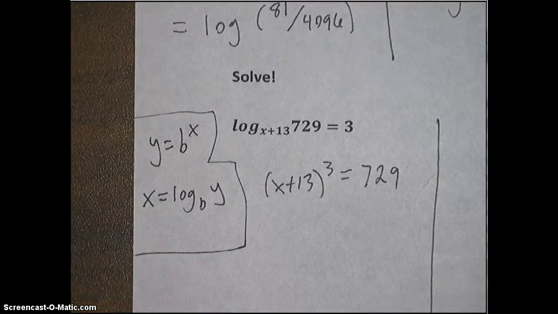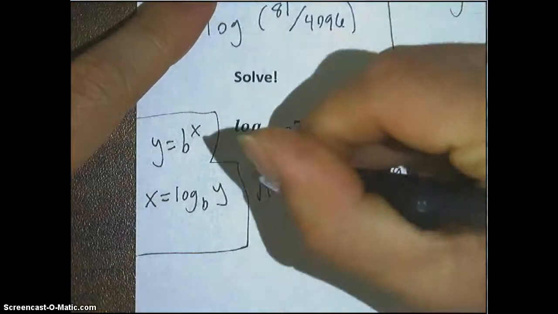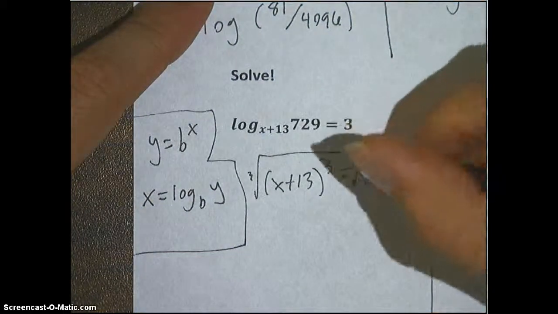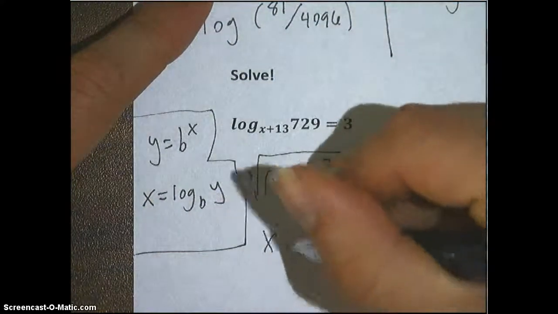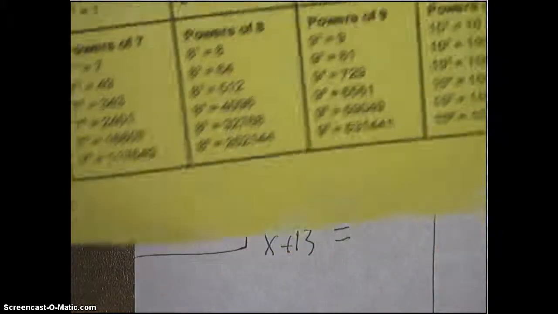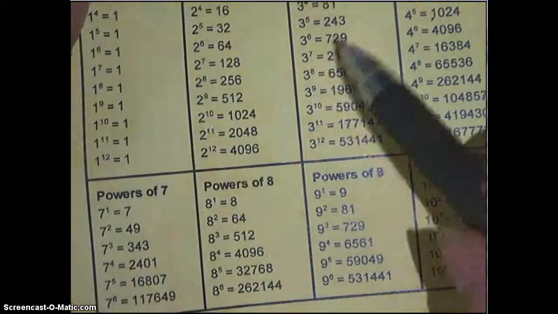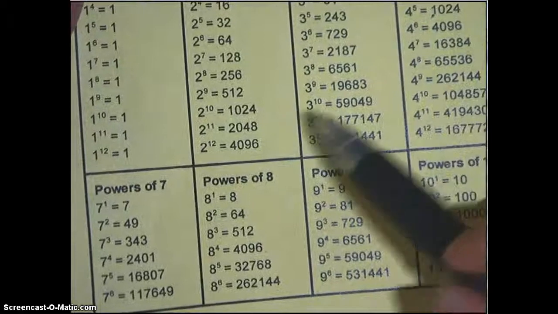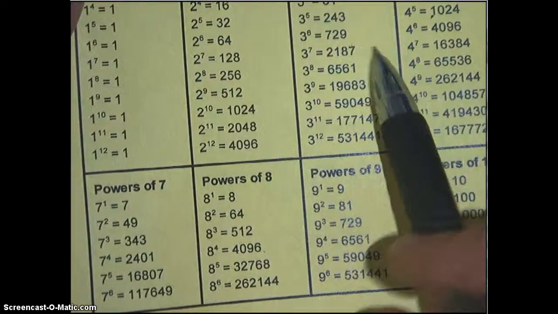Now we're supposed to solve this for x, and probably the easiest thing to do is take the cube root of both sides, which gives me x plus 13 equals the cube root of 729. 729, there's one right there.